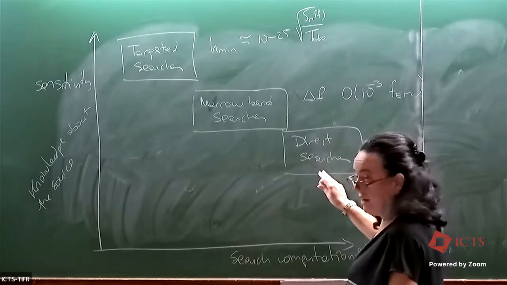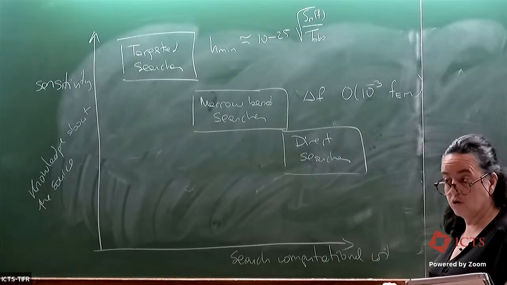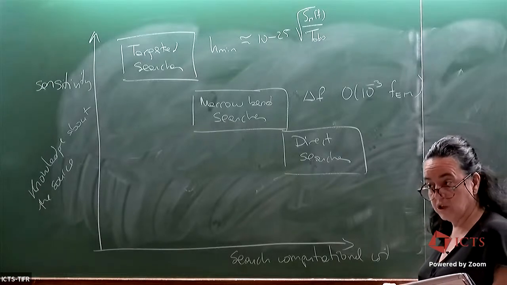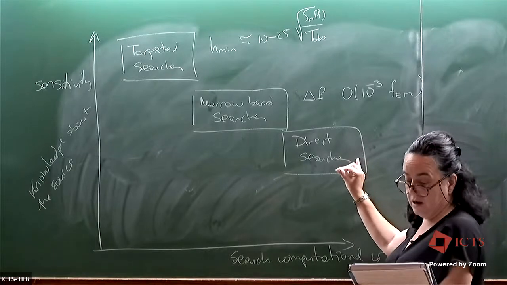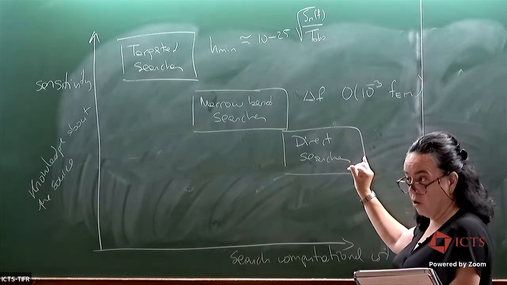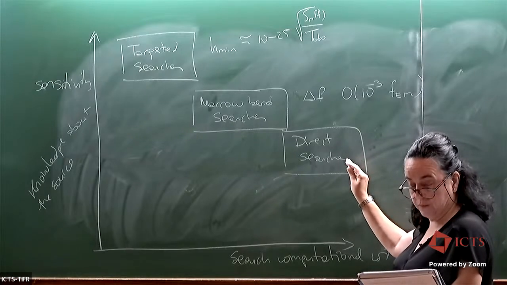In this kind of direct searches, I could also include a new class that was also described last Friday, that was to search for boson clouds around known black holes. This is also a direct search.